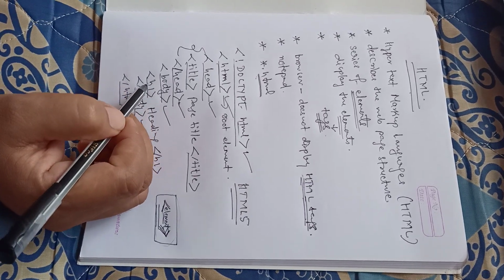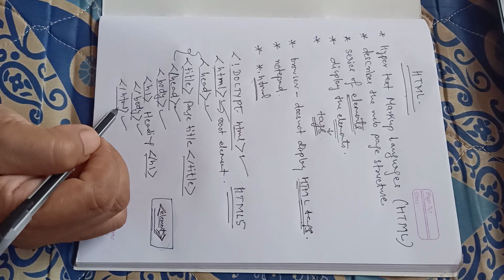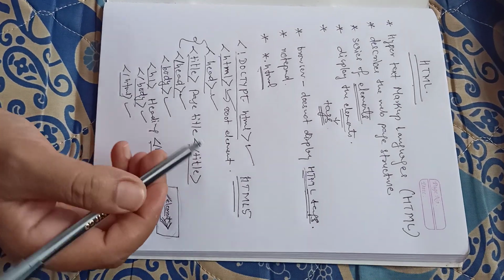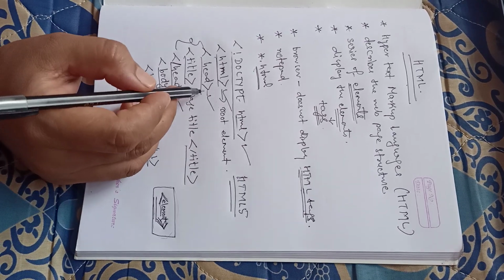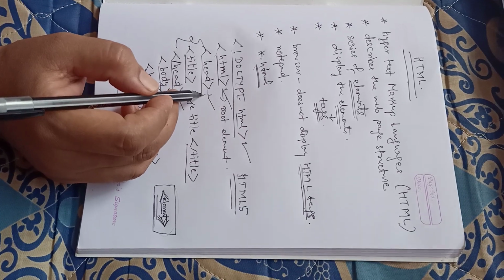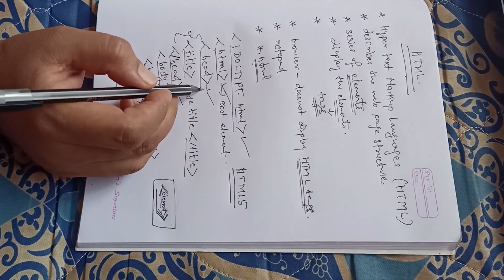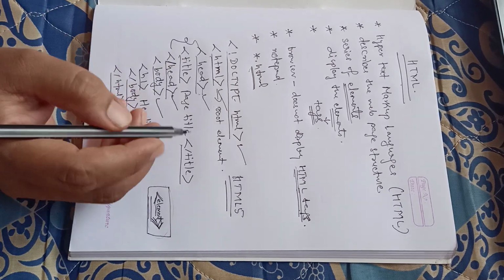Inside it I have used some elements, and again the HTML tag is ending here. So first I have to write the root element, the HTML tag. After that I need to write the head tag. The head tag contains the meta information about the document, or you can say metadata about the total document.